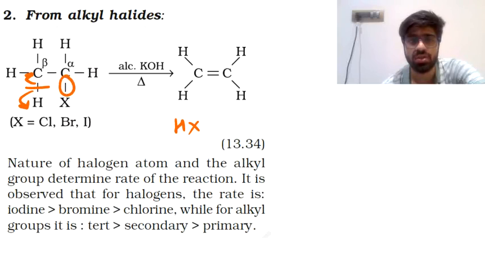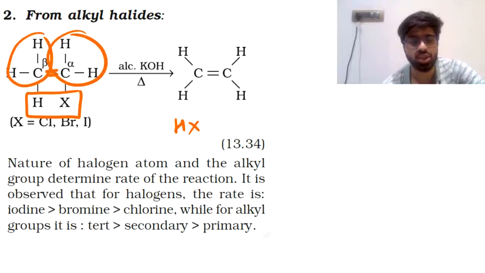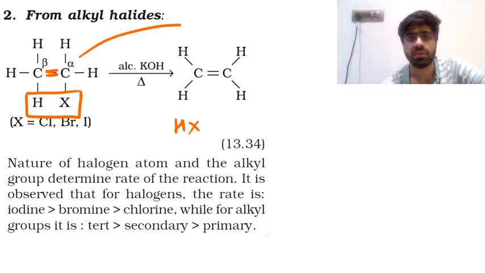There were two electrons here, so one electron is taken by X and the other electron is taken by carbon. After HX leaves, this carbon has one odd electron and this carbon also has an odd electron. The two of them are going to share their electrons and form a double bond between them. So we get the formation of CH2 double bond CH2, and that is ethene.